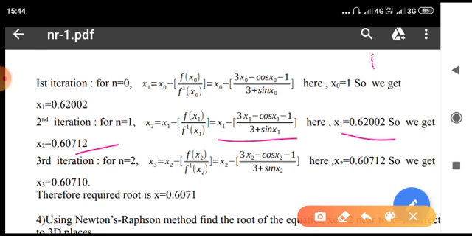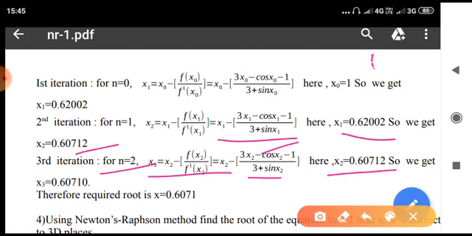0.60712. Now the third iteration for n equal to 2, the formula is x3 equal to x2 minus f of x2 divided by f dash of x2, which is equal to x2 minus (3x2 minus cos x2 minus 1) divided by (3 plus sin x2), and we know that x2 is 0.60712, so we get x3 as 0.6071.